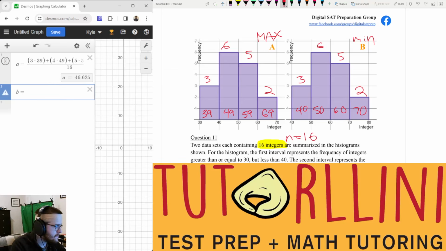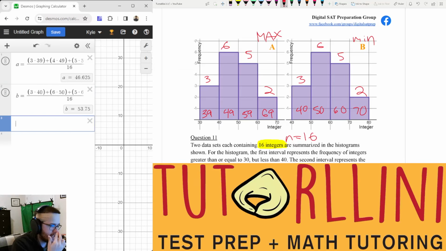And B is 3 times 40 plus 6 times 50 plus 5 times 60 plus 2 times 70 over 16.